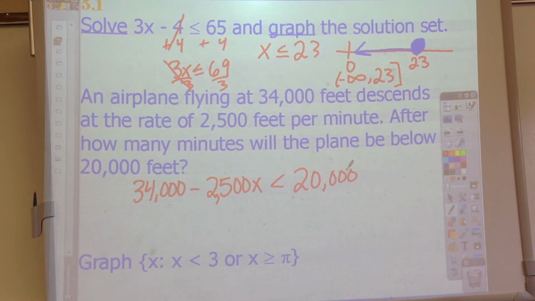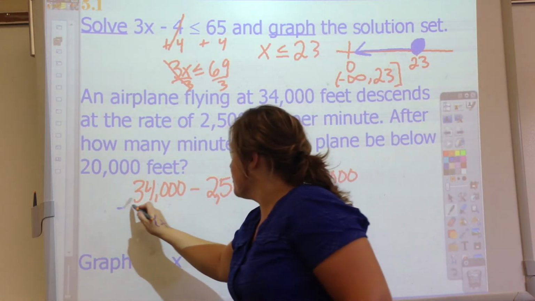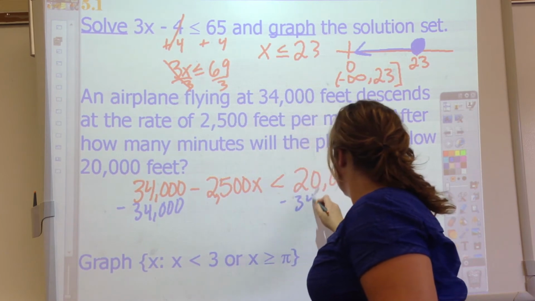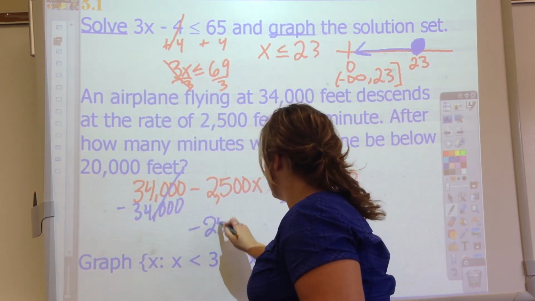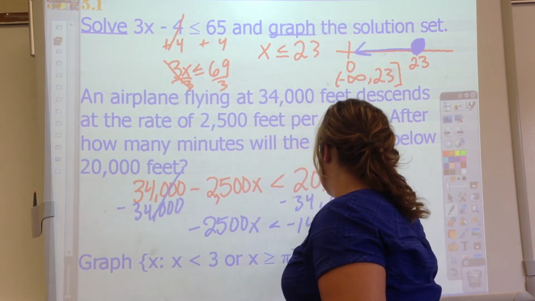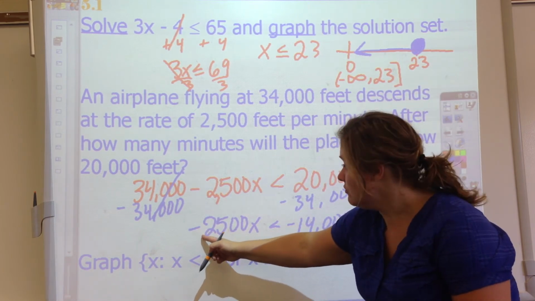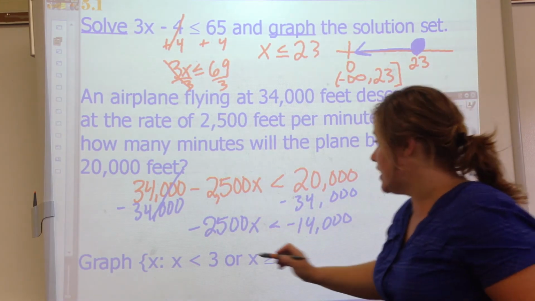Now to solve for x, I am going to first need to move the 34,000. I subtract it on both sides. And I end up with my negative 2,500x is less than a negative 14,000. Now be careful at this point. Notice that the value connected to your variable is negative. So something's going to happen.